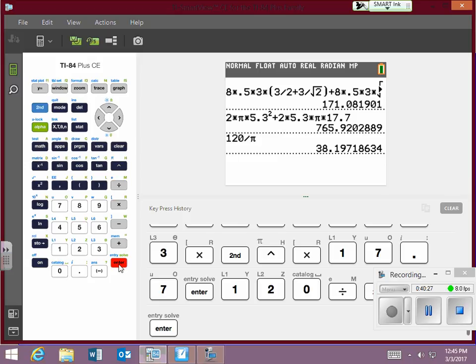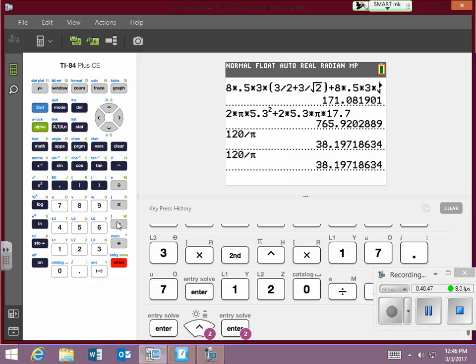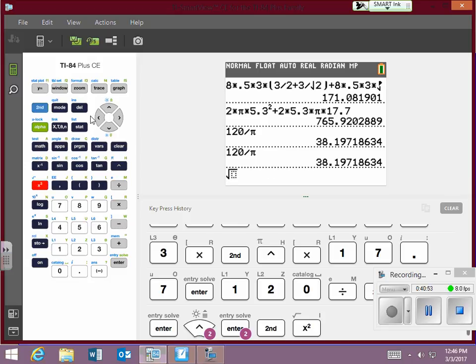What's the square root of that? So now I have to go, can I do that? Oh, I should have gone square root and then pushed that. Then what I should have done is second square root and gone up and got that.